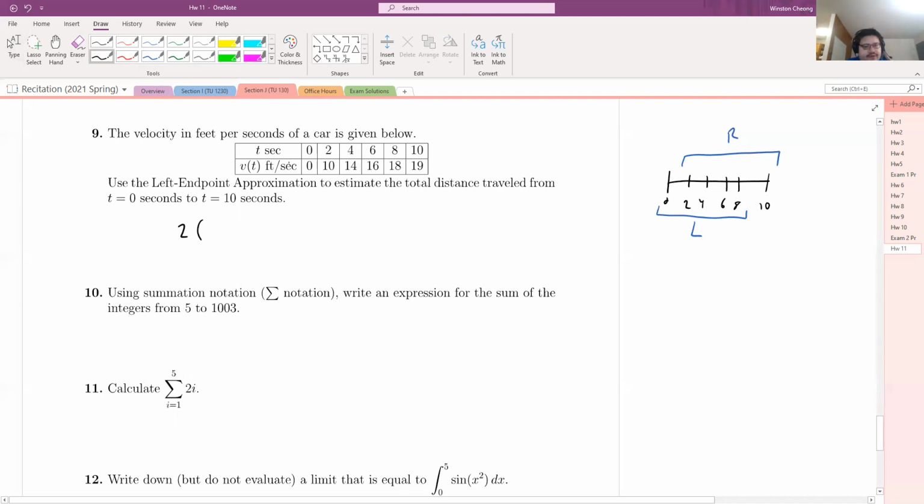And then the heights are given by the v of t. So we end up using all of those values except for the last one. 10 plus 14 plus 16 plus 18. And then if you calculate that, you'll get 2 times 58, which ends up being 116 feet.